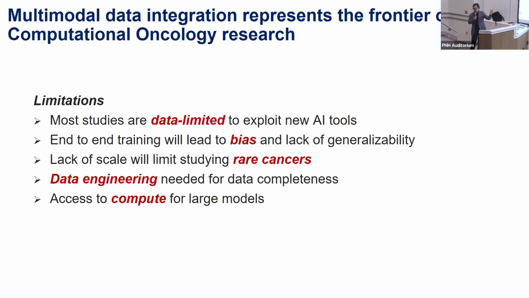We see these rare events, these 1% of cases that have ERBB2 amplifications in high-grade serous ovarian cancer. There's no way that one institution can get enough of those to study that question properly. And so these are some of the limitations, and every place needs to get their data together in order to make it compute ready. I know there's a lot of efforts here, but I can't emphasize enough how important the data engineering effort is to get this data ready for completeness. And then some of the other limitations are access to compute for large models.